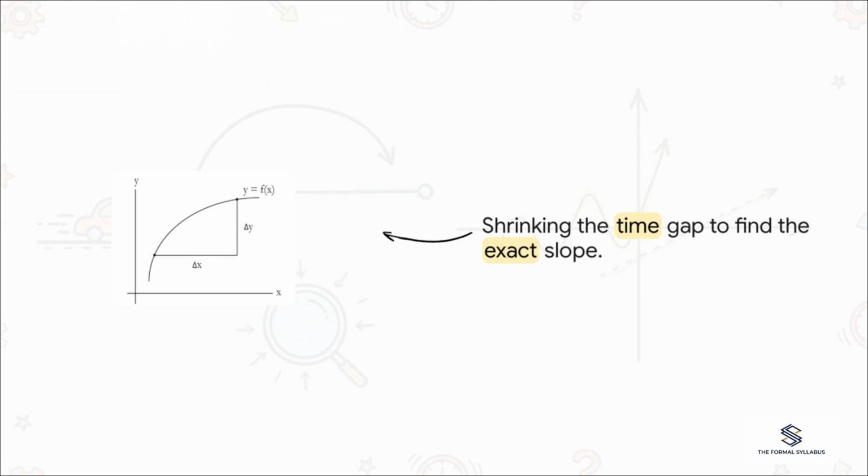Now, to find the average velocity, you just draw a straight line between those two points. Simple enough. But we want the instantaneous velocity, right? That one specific moment. So imagine taking that horizontal time gap and just shrinking it. We shrink it closer and closer and closer to zero until it's literally just a single point. When we do that, the line just barely touches the curve. It becomes a perfectly straight tangent line.